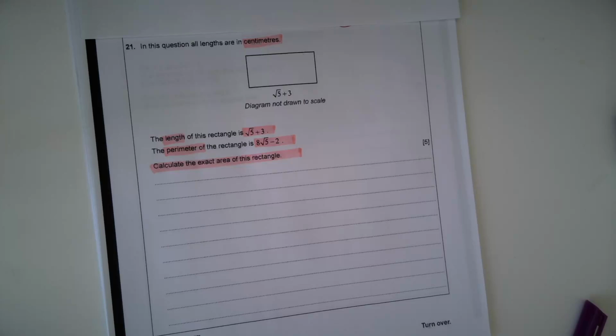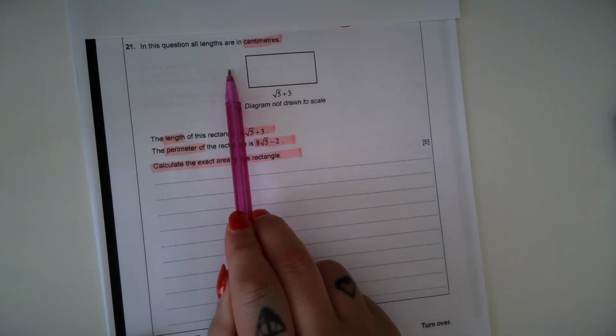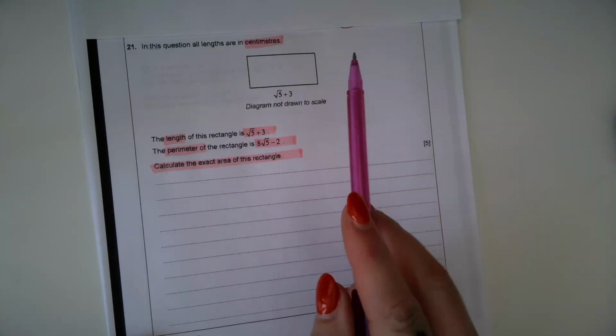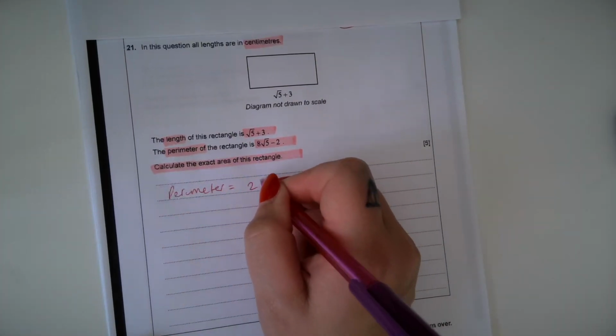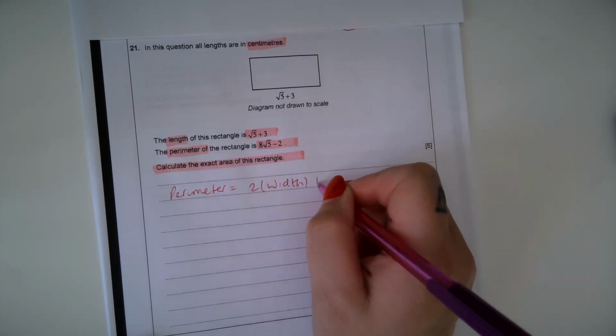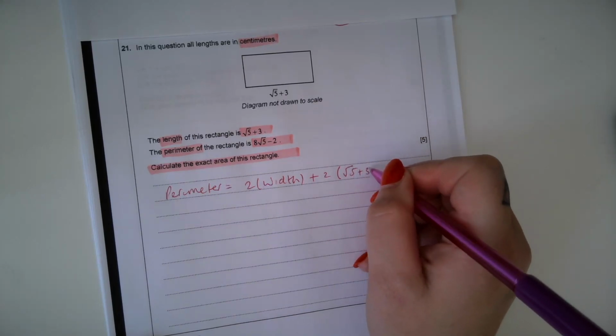So for the area, we need to do length multiplied by width. We know the length of the rectangle. We don't know the width. However, we know the perimeter. And to find the perimeter, it would be 2 times the width plus 2 times the length. Well, the length is root 5 plus 3.